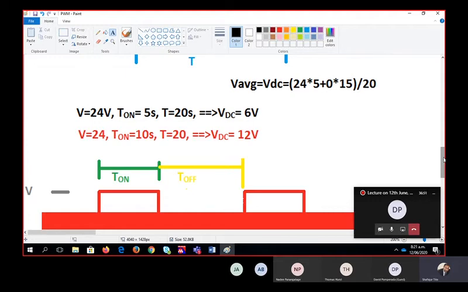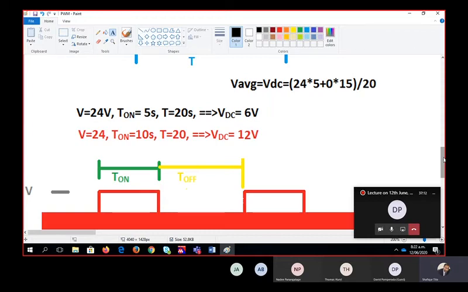Whenever you are changing the voltage across the load, if it is applied to a fan, the rotational speed will vary. Now, if you connect this signal with a light, the brightness of the light will change.